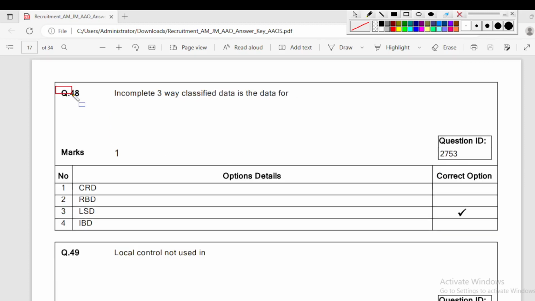Question number 48. Incomplete three-way classified data is the data for option 1 CRD, option 2 RBD, option 3 LSD, option 4 IBD. Option 3 is right, LSD.